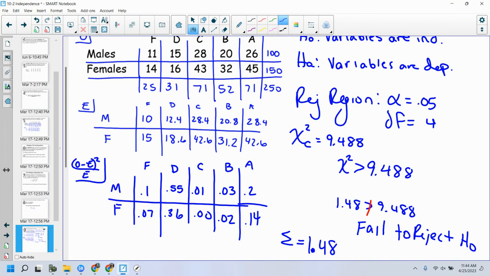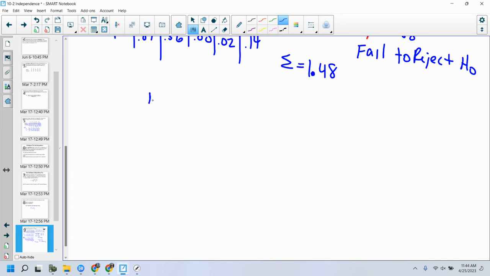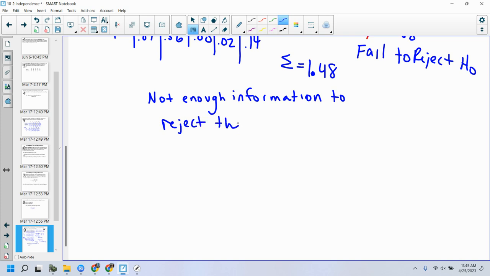So we say there's not enough information to reject that the variables are independent.